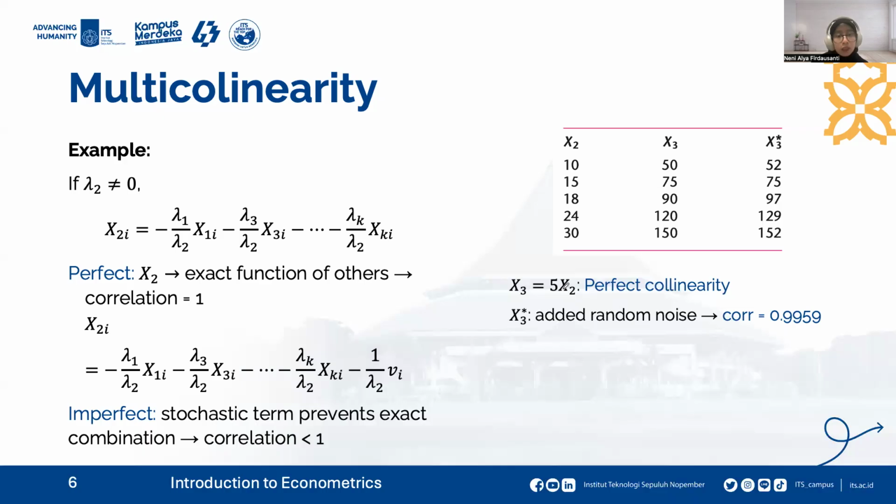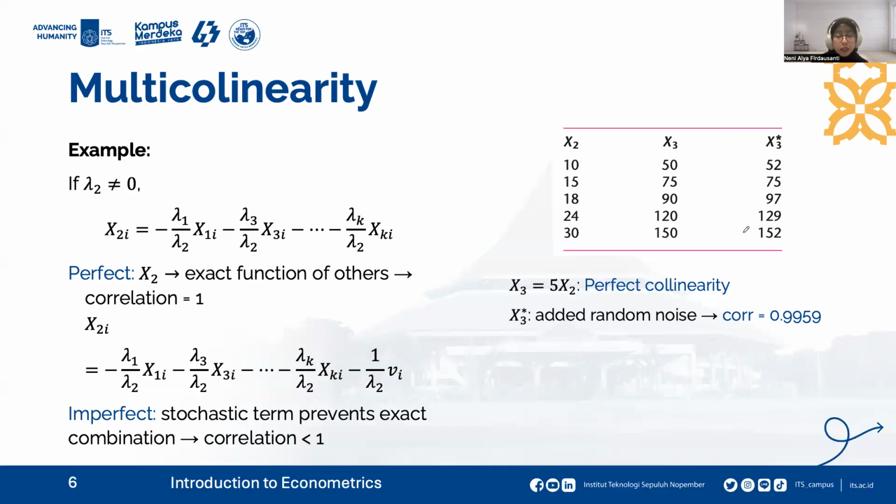Okay, if we take a look at this data set here, 10, 50, 15, 75, 18, 19, and check the correlation between x2 and x3, they will have a correlation coefficient equal to 1, which means they are perfectly collinear.